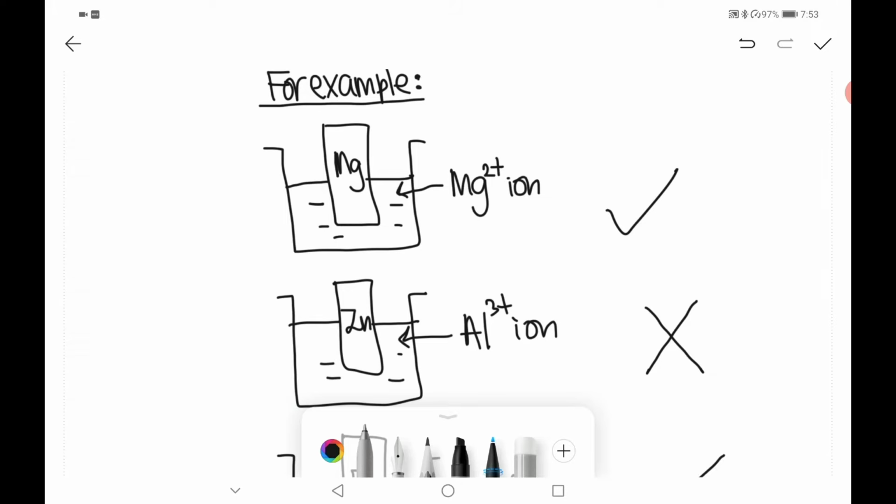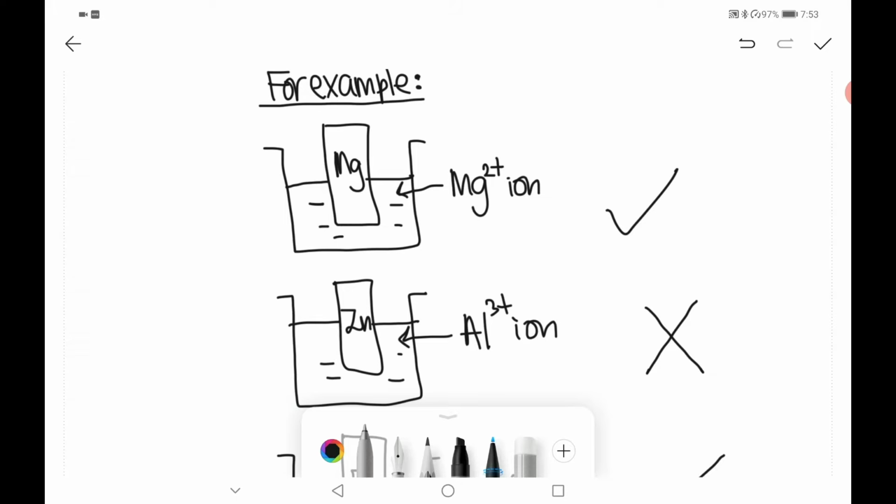If we take a metal and put it into a solution, it must be a solution, cannot be gas, cannot be solid, and the solution has metal ion, we have a half cell. The metal and the metal ion in the half cell must be the same. If we use aluminium metal, the solution must be aluminium ion. If we use zinc metal, the solution must be zinc ion.